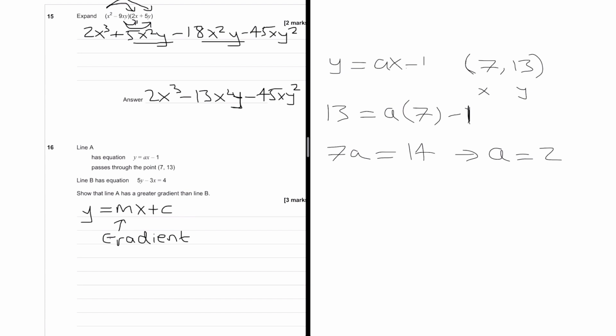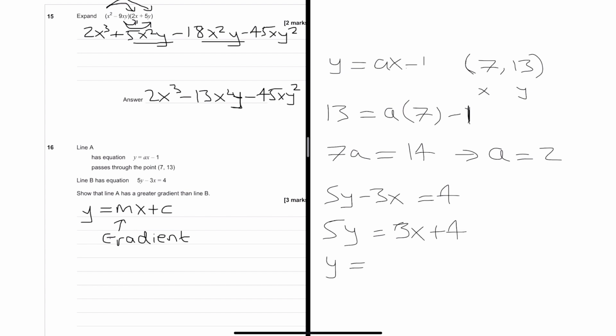So now, if we rearrange line B, we have 5y minus 3x equals 4. And let's get this in the format y equals mx plus c. So we have 5y equals 3x plus 4. And then we have that y is equal to 3 over 5 x plus 4 over 5.